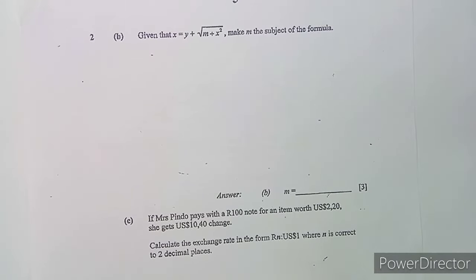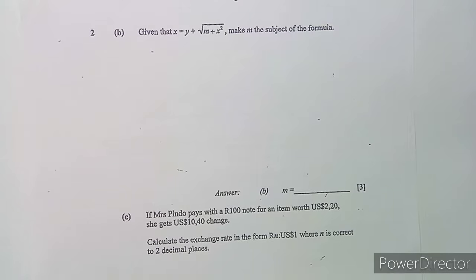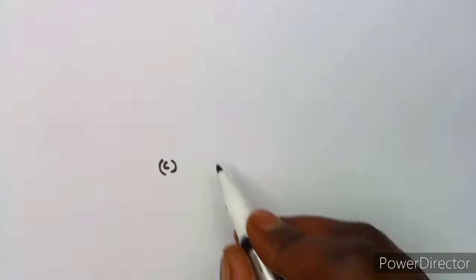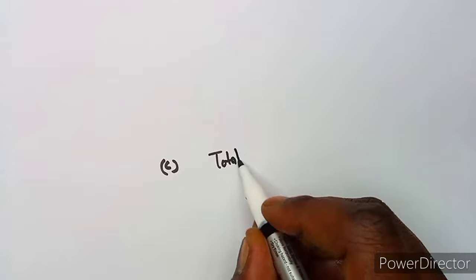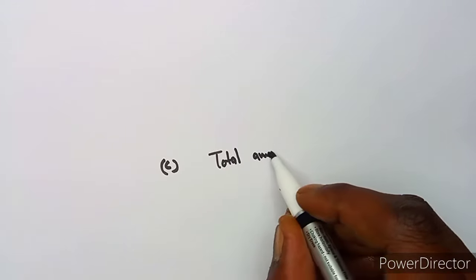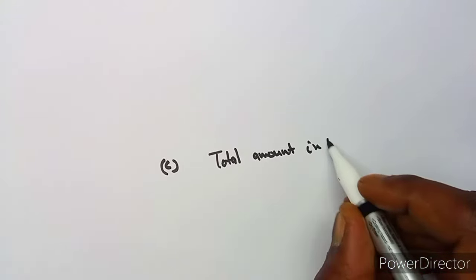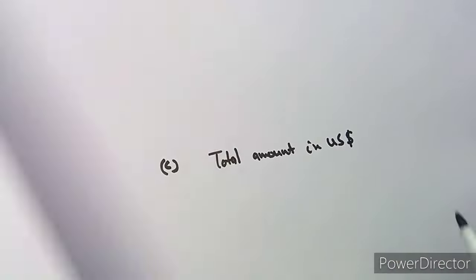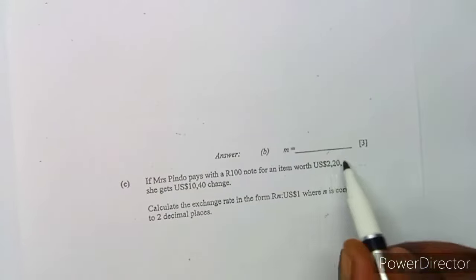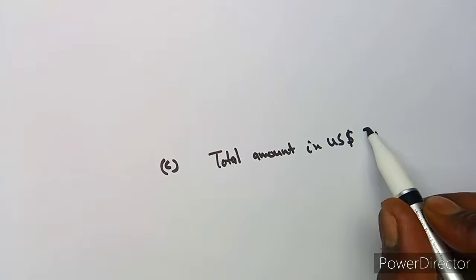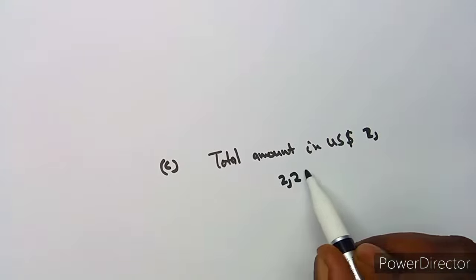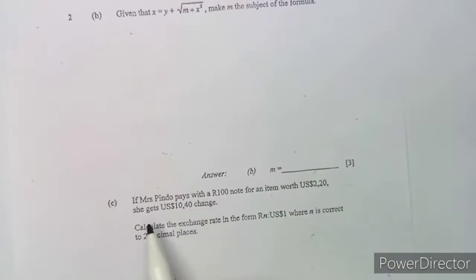It was $2.20, but what was the total amount in US dollars? So we can actually calculate the total amount in US dollars here. The item price was worth $2.20. Let us write here. Then she gets $10.40 as change.